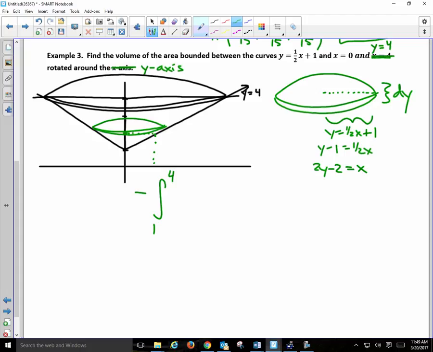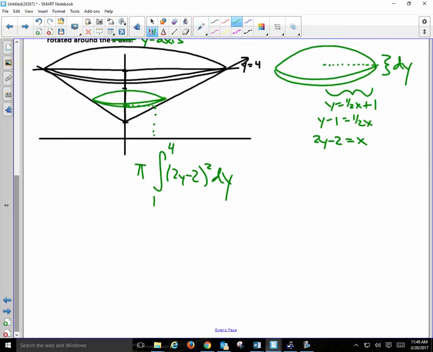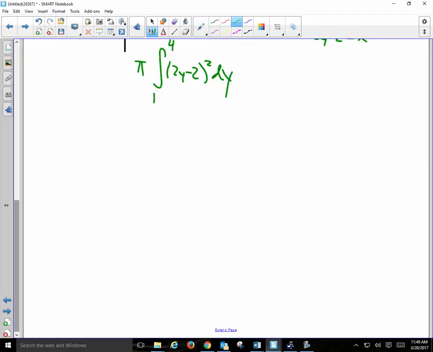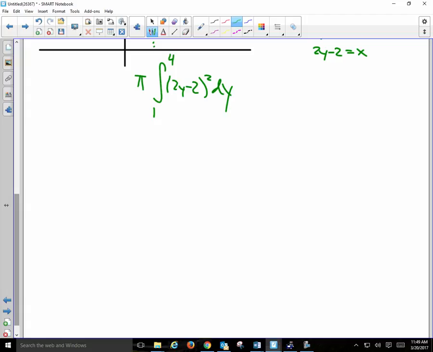And then it's pi times the radius, which is 2y minus 2, quantity squared, and then dy. So let's square it out. Pi times the integral from 1 to 4 of 4y squared minus 8y plus 4.